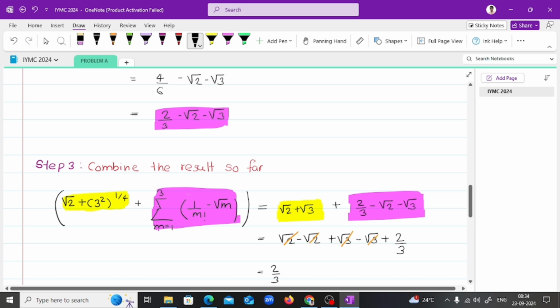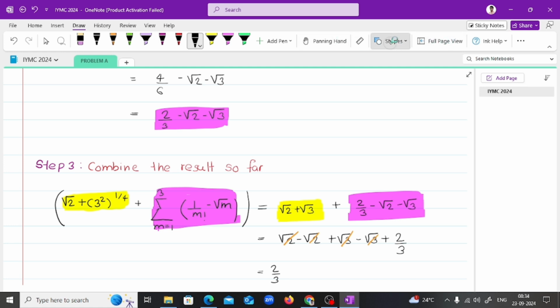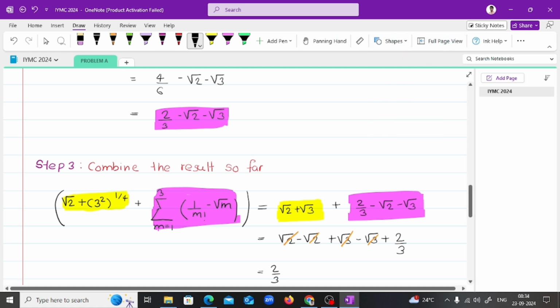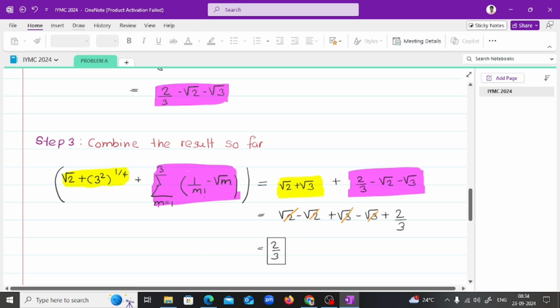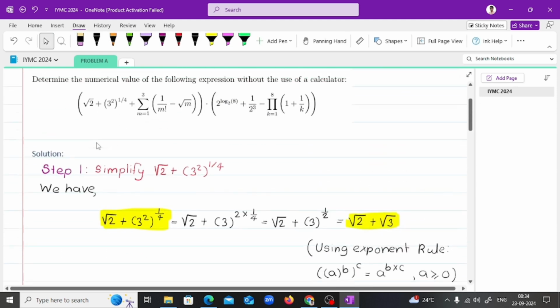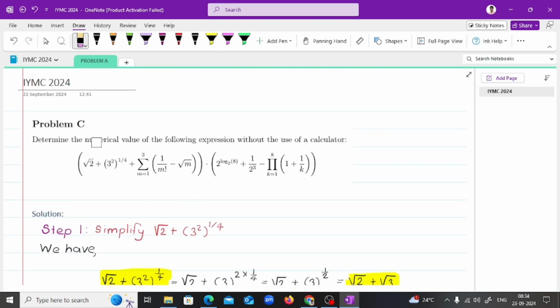So this 2 by 3 is nothing but the value of the first bracket. I will give a box to this 2 by 3. So the value of the first bracket is 2 by 3. Now we will simplify the second bracket. Our next step is step 4.